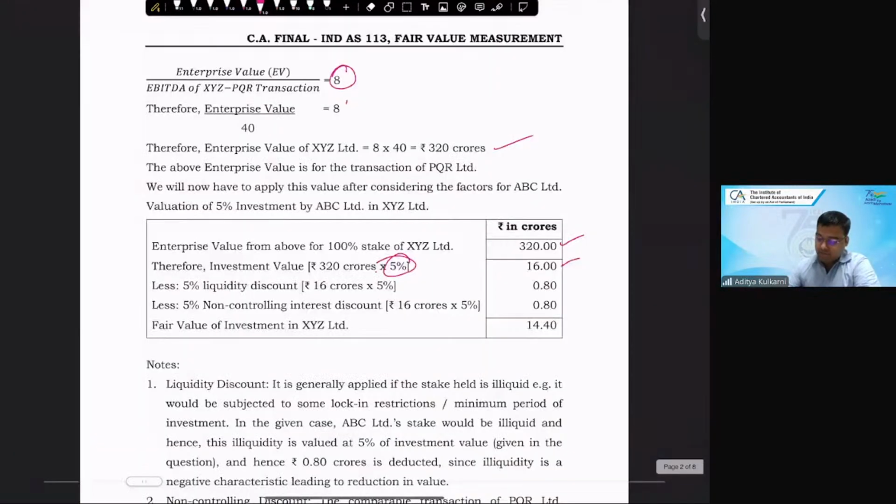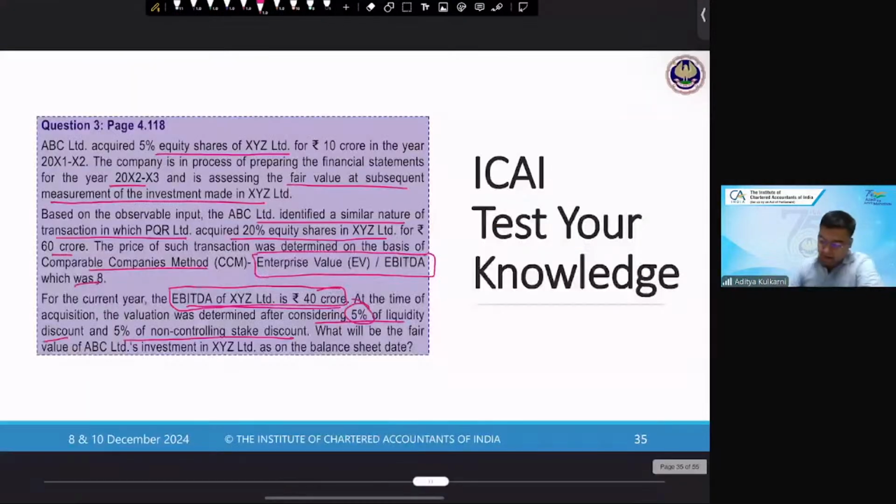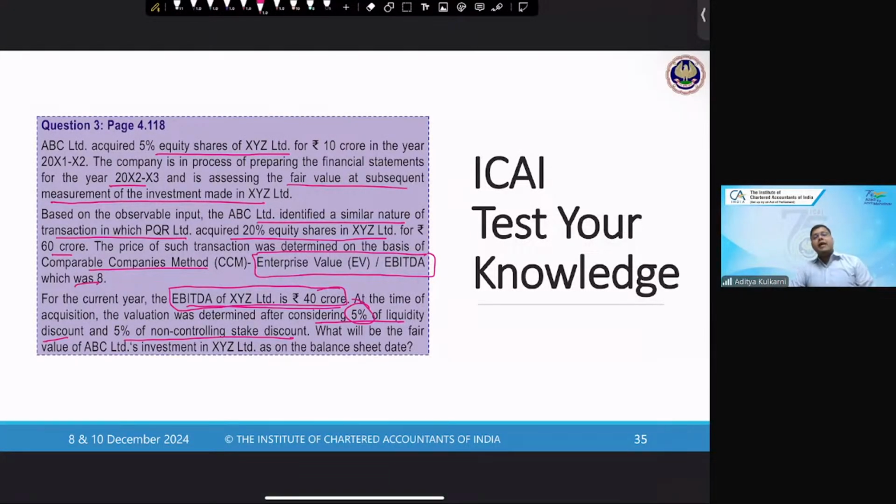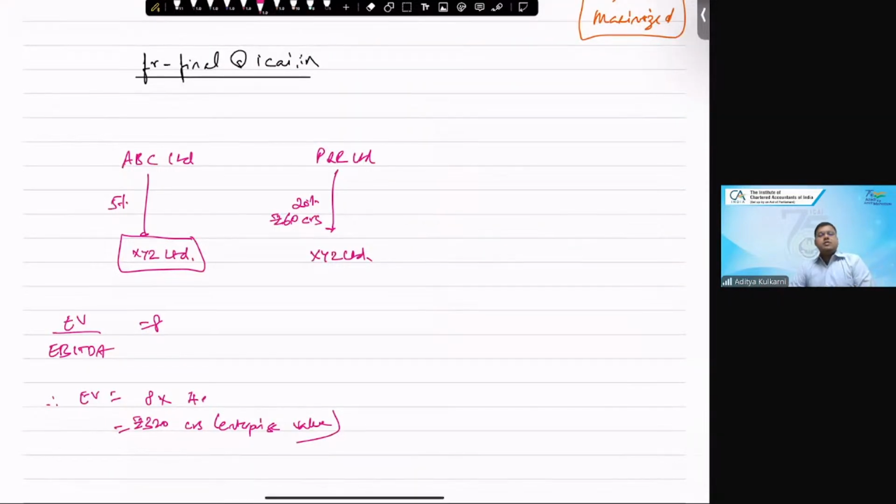So therefore, 5%. And I also have an NCI discount. Why? Because the comparable transaction is for 20% equity shares. Yes or no? Yes. My comparable transaction is for 20% stake. Now, 20% stake in most of the cases will give you a seat on the board of directors.